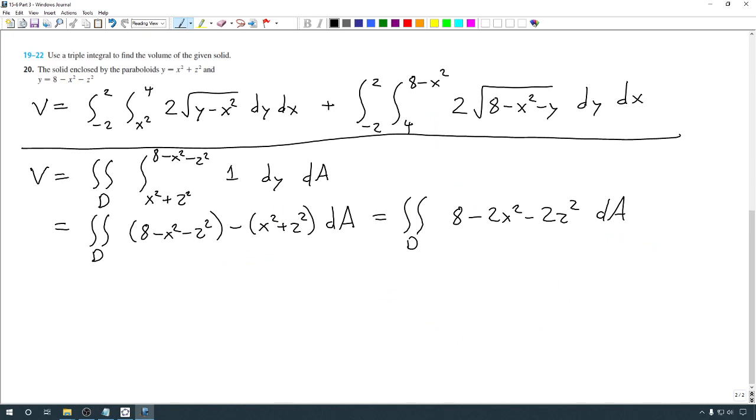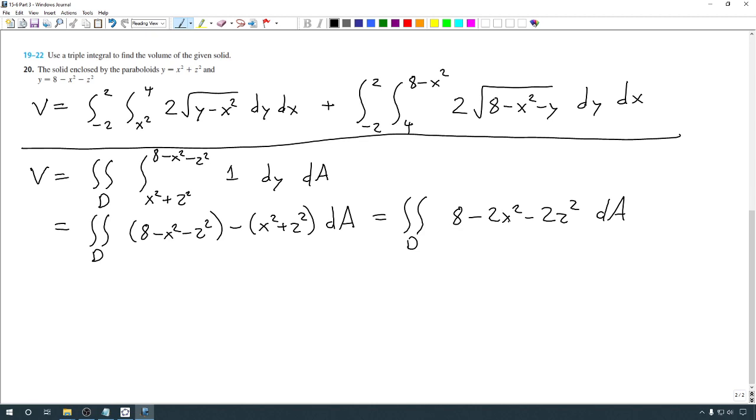Since we're integrating over a disk, and you can already kind of see here that we have an x squared plus z squared in our integrand, this actually is really set up nicely for polar coordinates. Of course, in this case, again, we're dealing with coordinates in x and z instead of x and y. So we're just going to say that z is going to play the role of y.